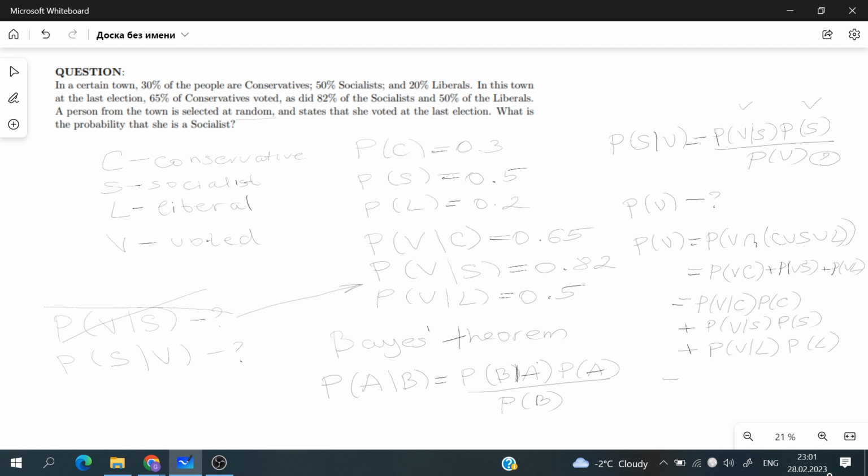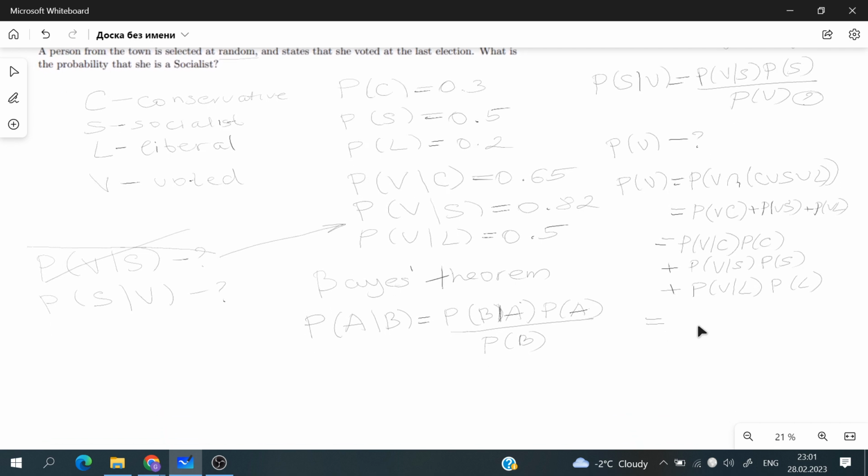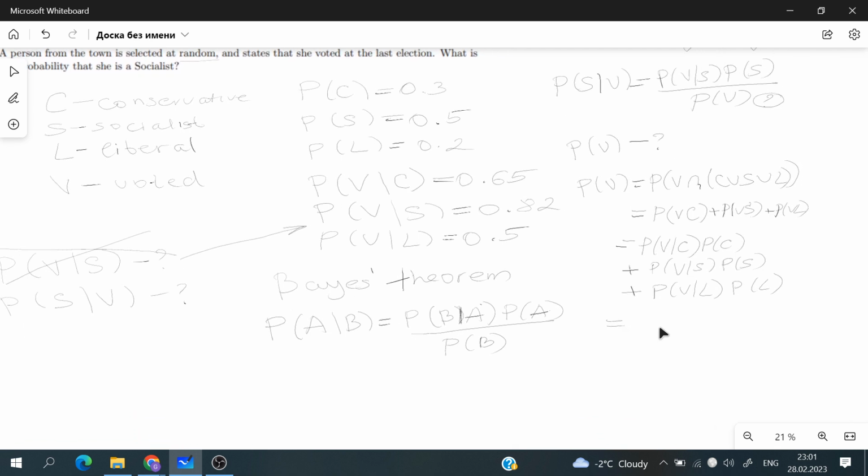So let's just multiply. And now, let me scroll down a little bit. And now, what is this one? It is given that it equals 0.65 times 0.3, plus, what is this one?